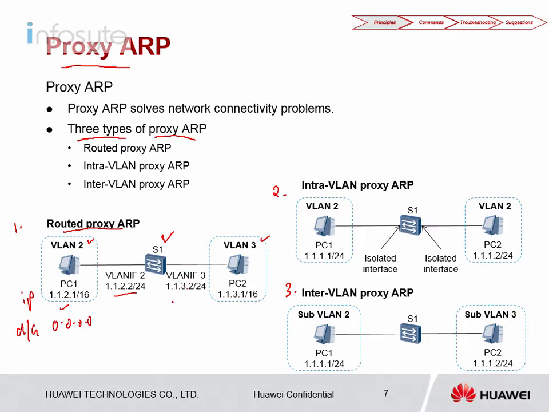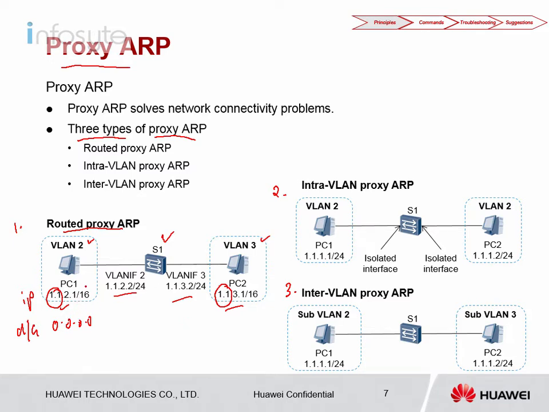Alright, so default gateway here is not being set. And on the other side, I have a VLAN 3, and in VLAN 3, I have an interface VLAN 3 1.1.3.2, where I have 1.1.3.1 as my host. Now as you can see here, 1.1.2.1 and 1.1.3.1 belong to two different VLAN, but they belong to the similar layer 3. Alright, both of them belong to 1.1.